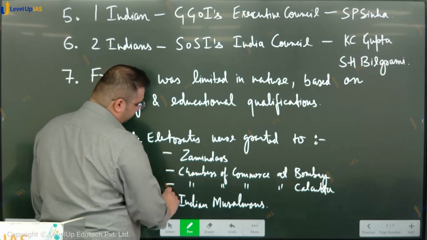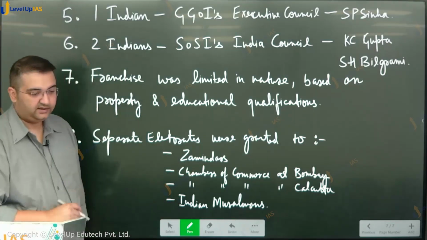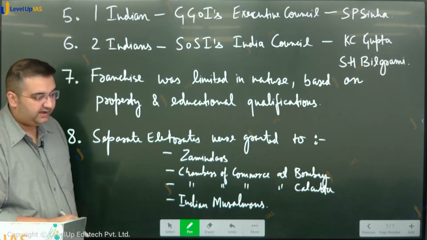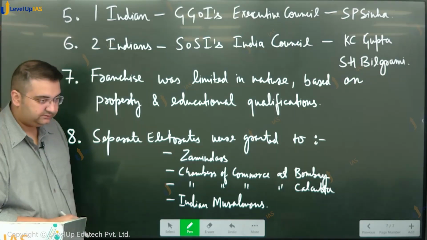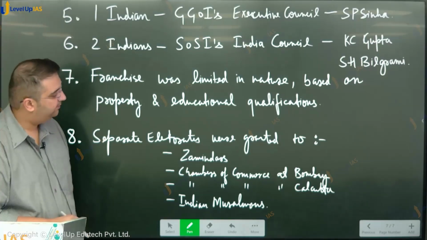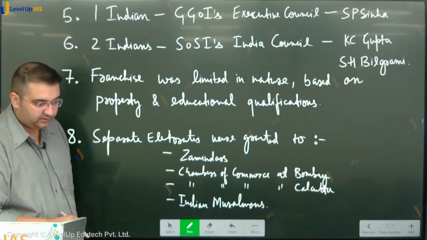These four groups were granted separate electorates. But यहाँ पे real intended beneficiary कौन था? The Indian Mussalmans, right? This was a British plot to play the politics of divide and rule. ठीक है?